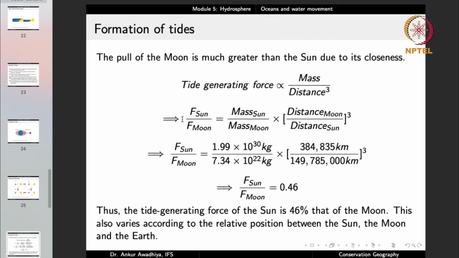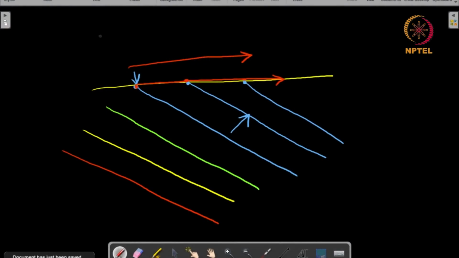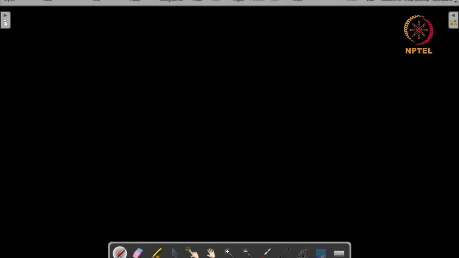So the force of the sun divided by the force of the moon will be given by the mass of the sun divided by the distance of the sun from the earth to the power 3, whole divided by the mass of the moon divided by the distance of the moon to the power of 3. What we are saying here is that the force is equal to mass divided by distance cubed.